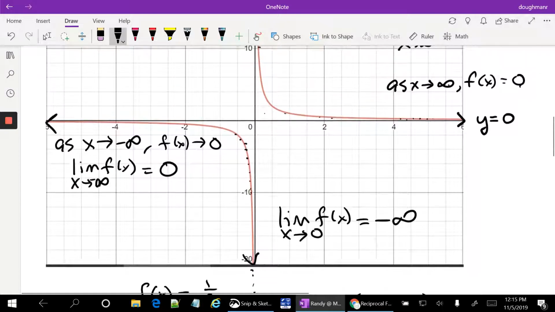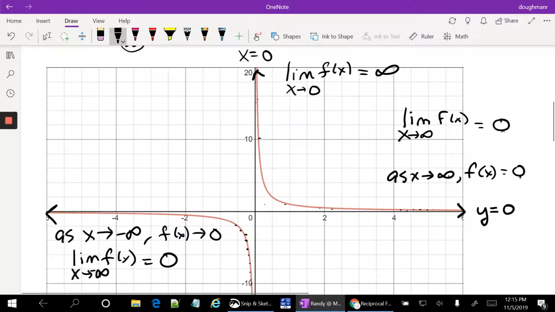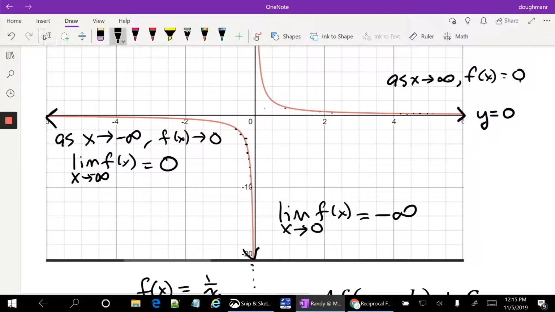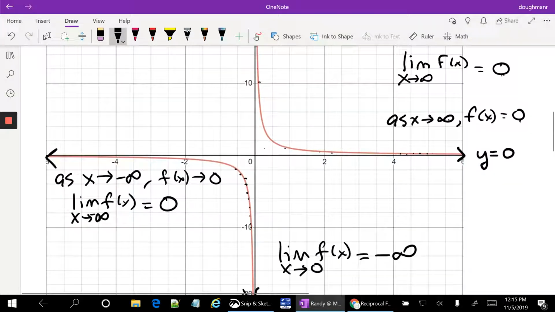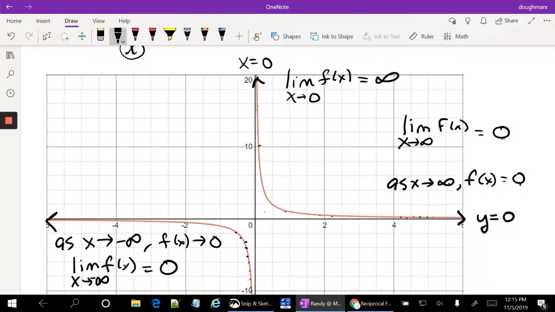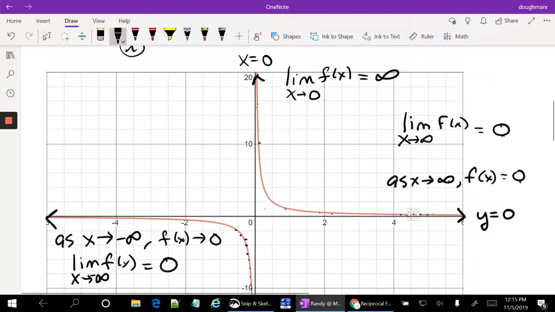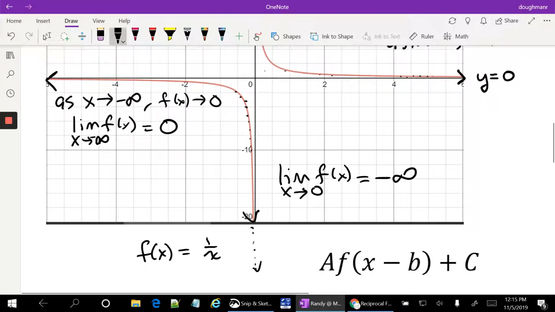Now the problem is, the limit as x goes to 0 is negative infinity, and this one says the limit as x goes to 0 is positive infinity, so we have to distinguish. Now this one, we're just going to put a plus sign up there to say that we're approaching 0 from the right. And then down here, we're going to put a negative sign there because we're approaching 0 from the left.